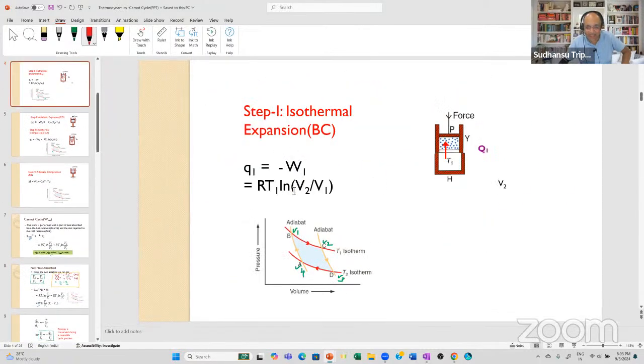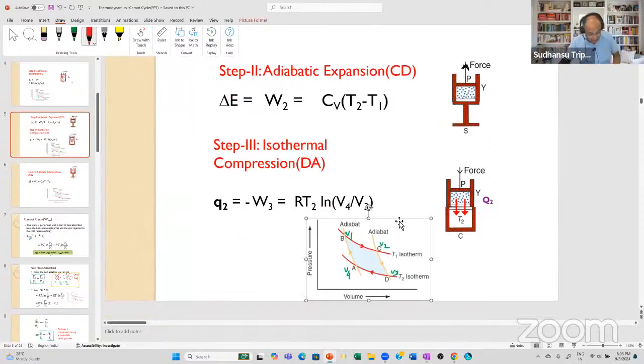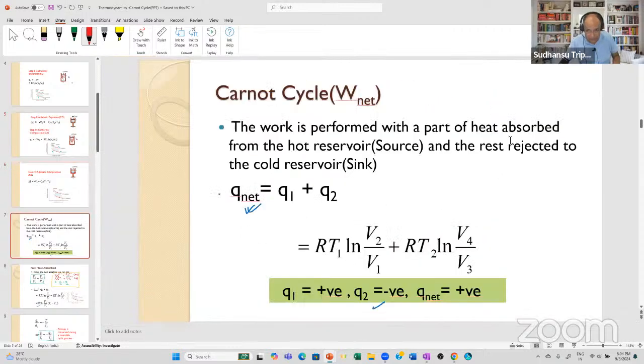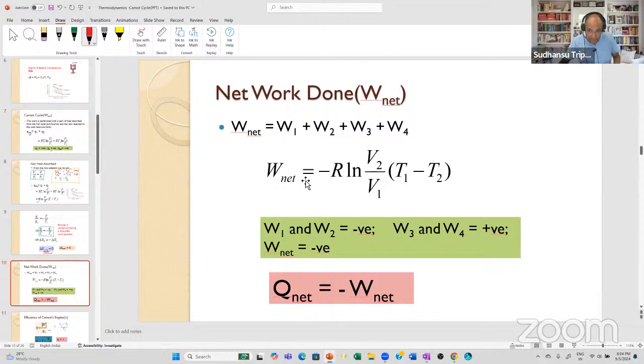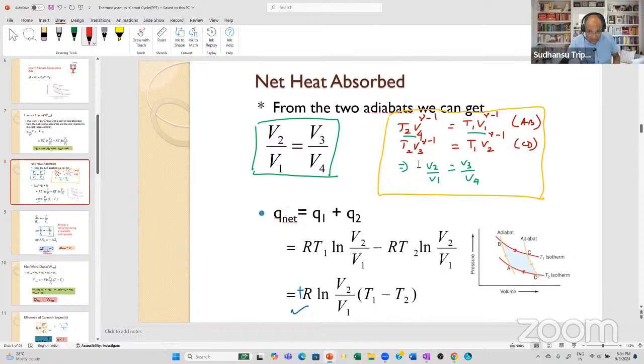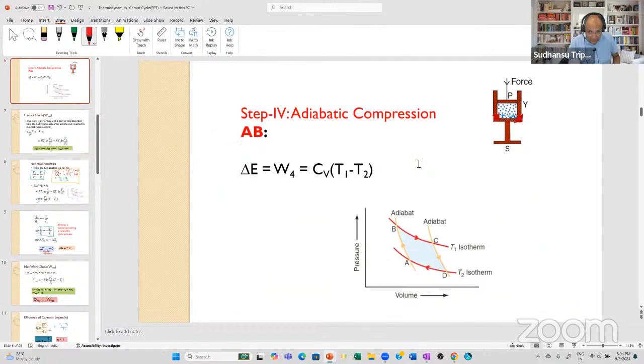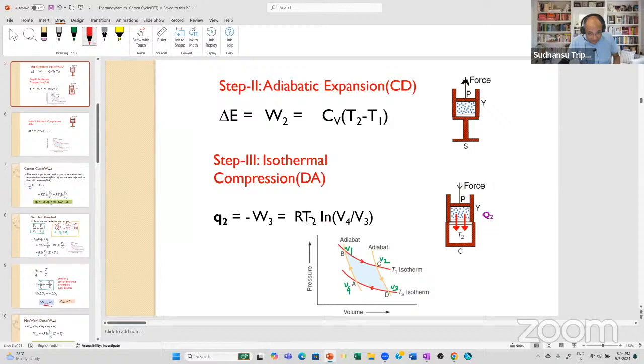W1 is minus RT ln V2 by V1. So I have written here, while you are talking of W, it has to be minus. So minus RT1 ln V2 by V1. And in W3, as you have seen, it is minus RT2 ln V4 by V3.